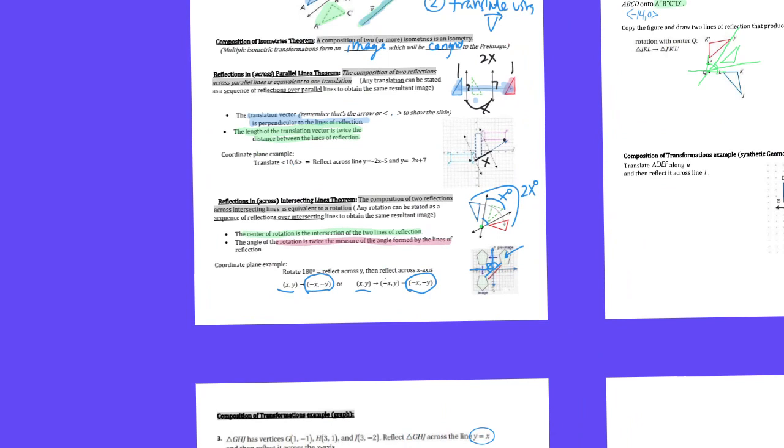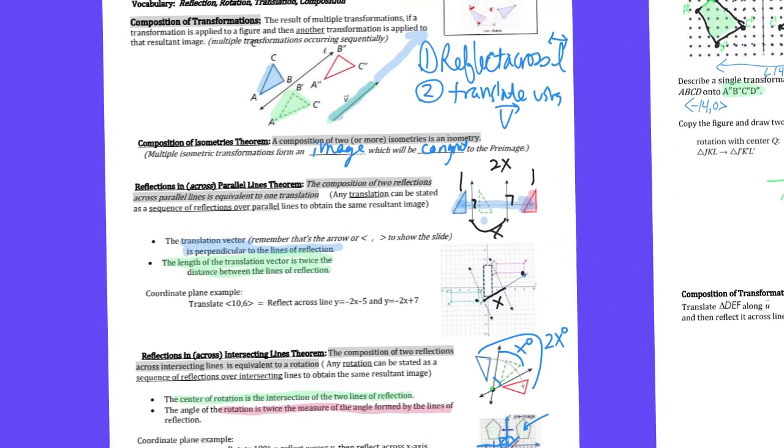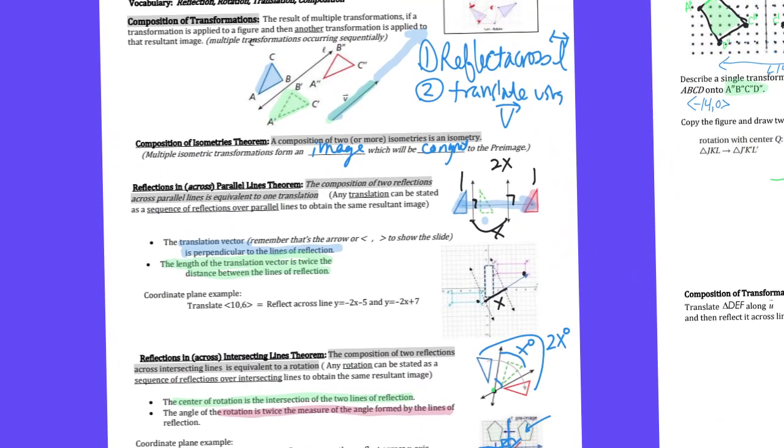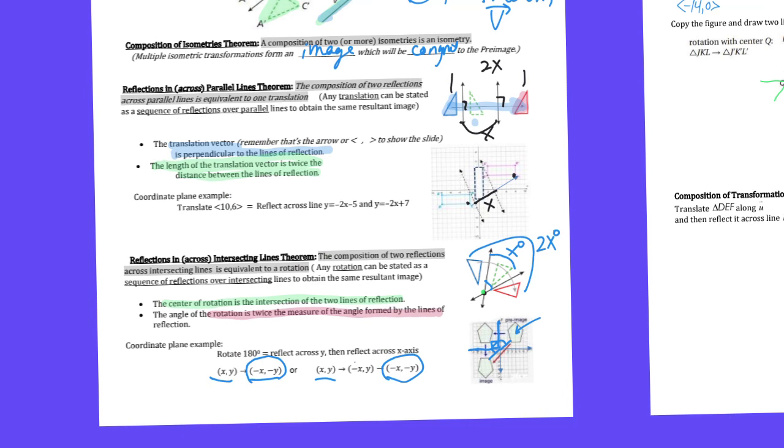The distance between those 2 parallel lines, take double that, and you'll get the distance that it actually would have slid, or done translation, pardon me. And then if you reflect it across intersecting lines, it's going to be like you did a rotation. And again, the angle between those 2 lines, if you double it, you'll get the angle of rotation.